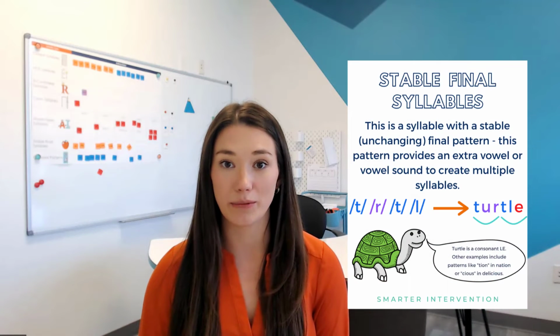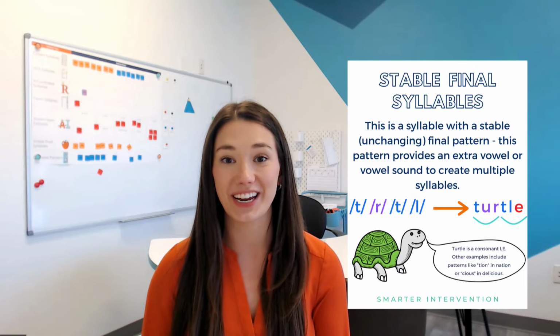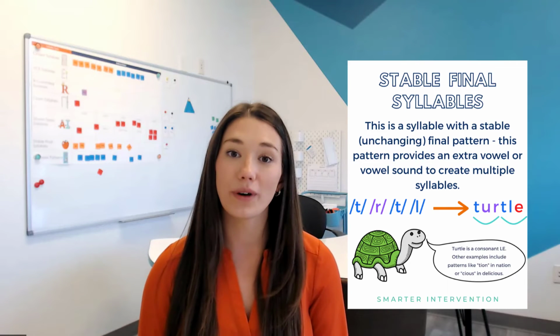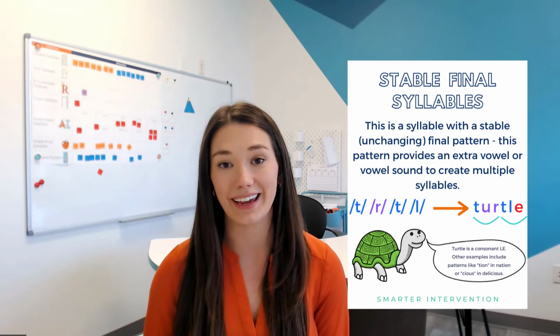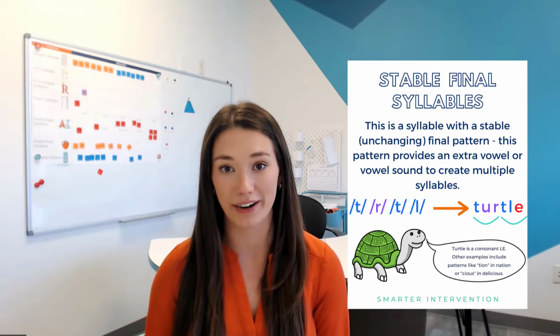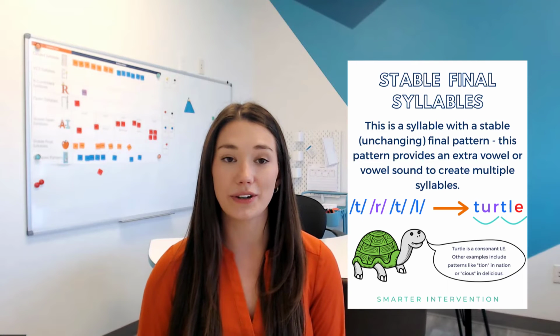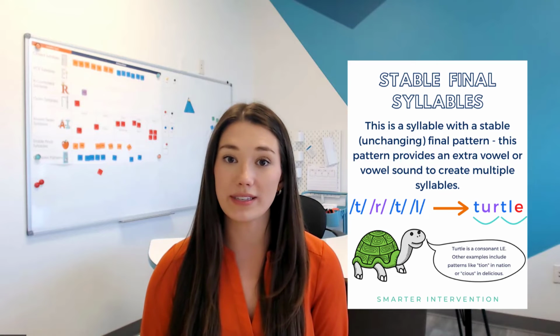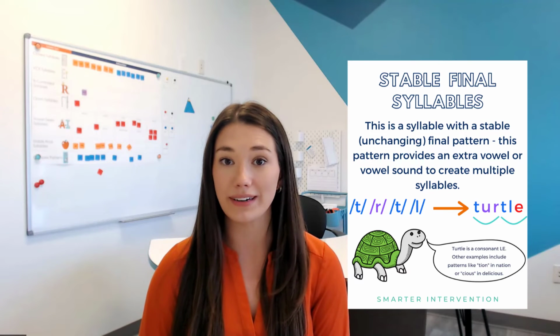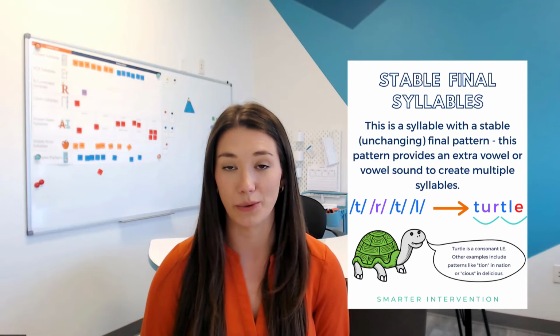In a stable final syllable, you have a final or unchanging ending to your word. One of the most common types of stable final syllable are our CLE or consonant LE pattern. In a word, this looks like a consonant with an L and then an E after it. And we use these patterns to add the extra vowel needed to turn these into multi-syllable words.